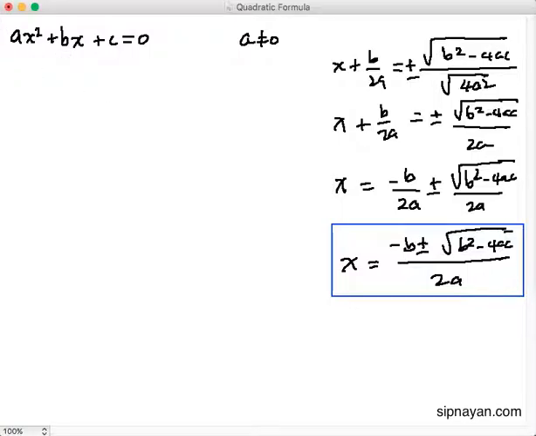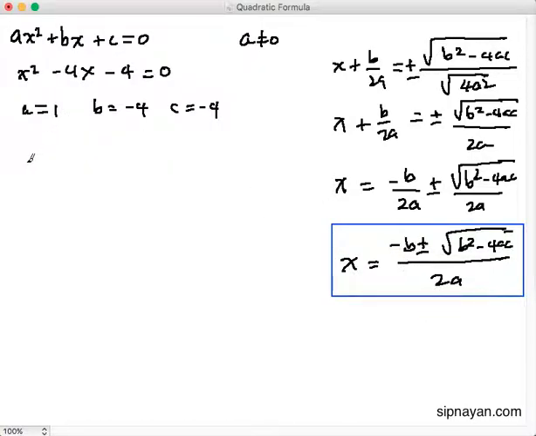So, for example, meron akong equation na x squared minus 4x minus 4 is equal to 0. So, yung a ko is 1, ang b ko ay negative 4, at ang c ko ay negative 4. So, pwede ko na siyang i-substitute dito.